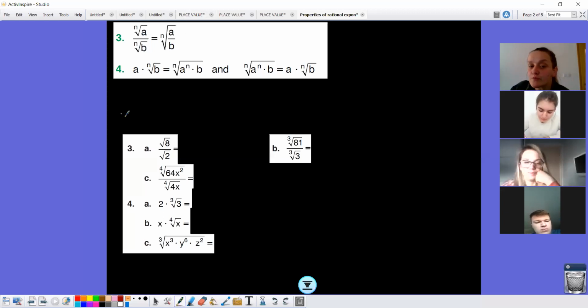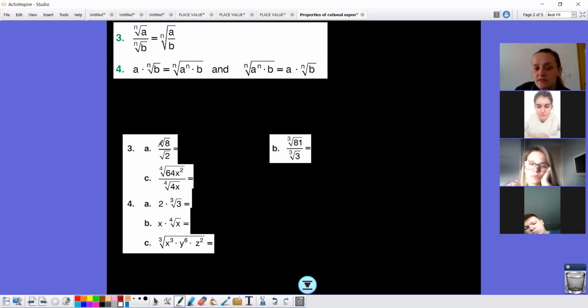In the fourth one, you have a times nth root of b. If I want to take this a inside the radical sign, I can write it as nth root of a to the power of n times b. I will show you in the examples, it will be better.